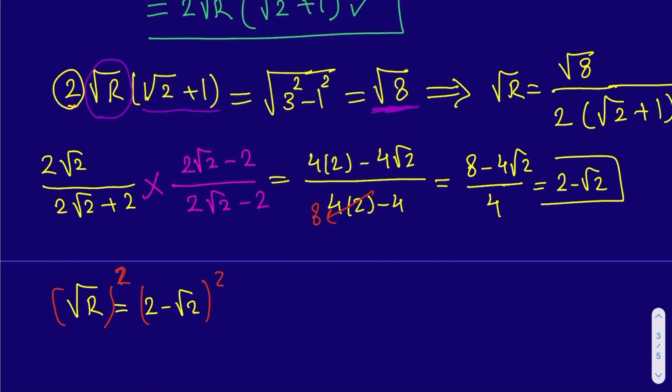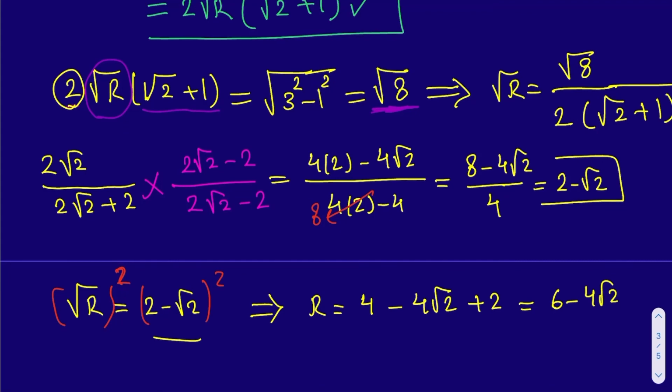And then I will get r is equal to, just expanding this parenthesis, 4 minus 4 square root of 2 plus 2, which is equal to 6 minus 4 square root of 2.